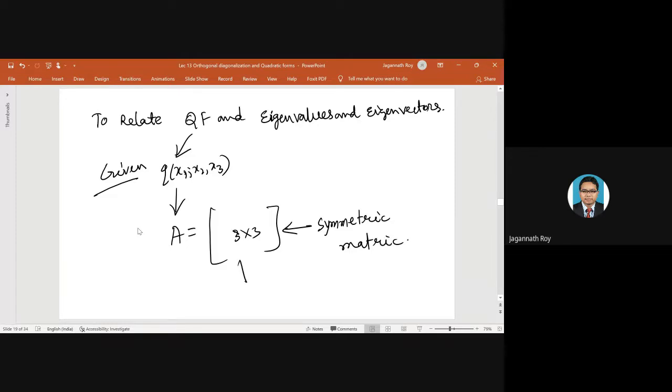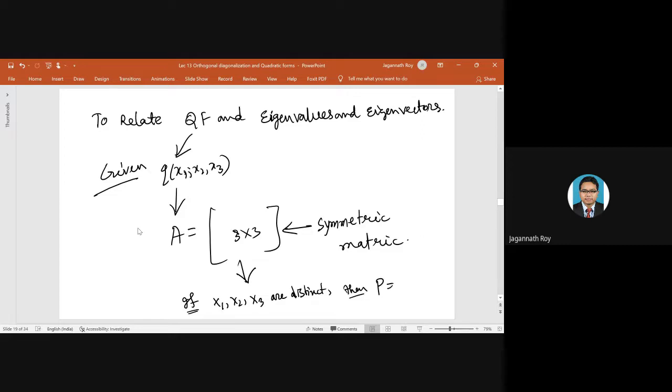But for a symmetric matrix, we have seen that if we have distinct eigenvectors x1, x2, x3, then what we get?